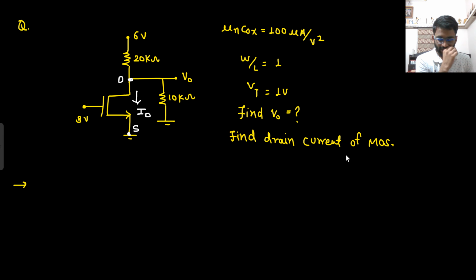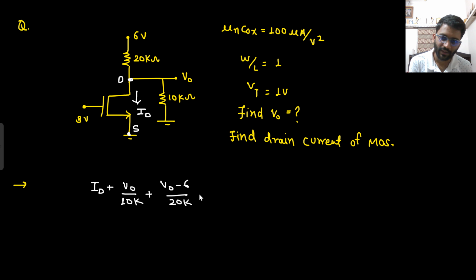You have to find the drain current of MOS. This is the question now. Tell me one thing, what will ID be equal to? Can you write one equation, that is ID plus V naught by 10K plus V naught minus 6 by 20K is equal to 0. Is that equation correct?